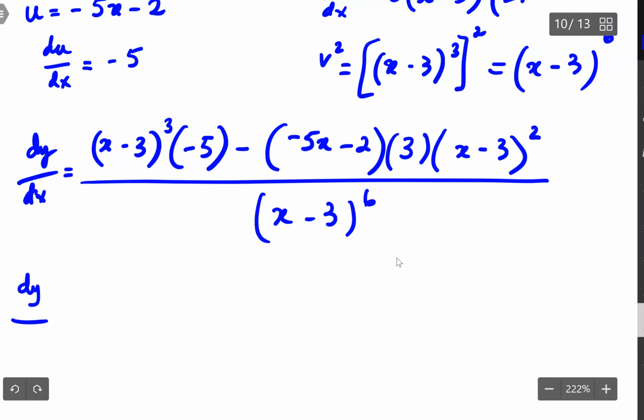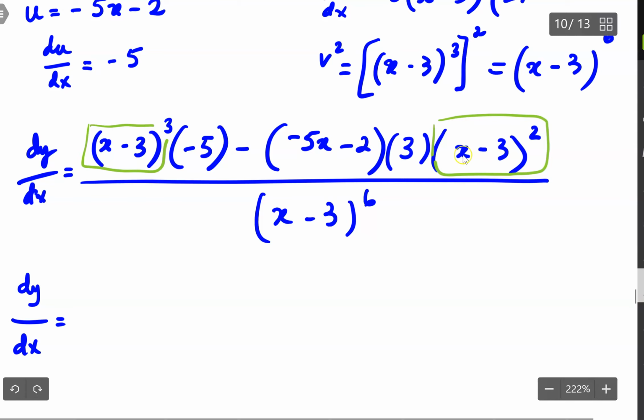The next step is to pull out the common factor in the numerator. With the numerator, we simplify by factoring out the common factors. As I mentioned in the previous video on the product rule, I'm asking everyone to look for the same common factors, and the common factor can be a binomial as well. Between x minus 3 raised to exponent 3 and x minus 3 raised to exponent 2, the lower exponent is 2.